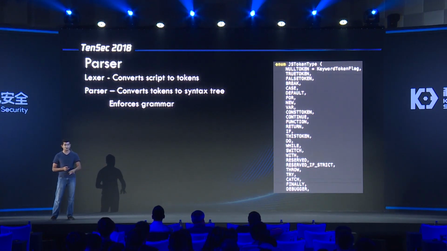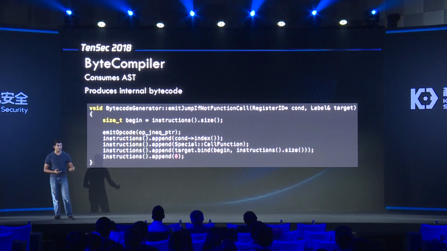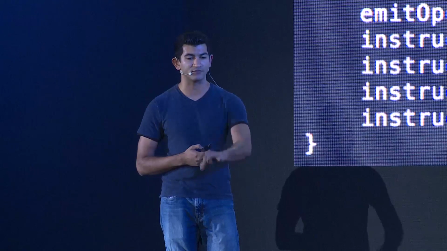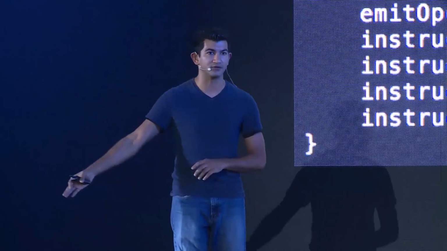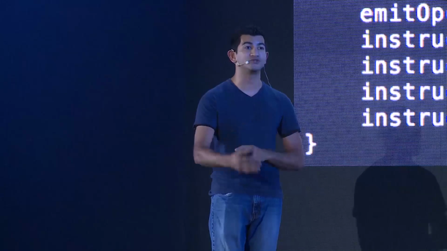That will get caught by the parser. The byte compiler, as I was saying, consumes the AST and produces an internal bytecode. As far as vulnerabilities go, I only know of one or two that have actually really affected here. The triggers for them were in the later layers, but the bugs themselves happened here during parsing or during creation of the bytecode.